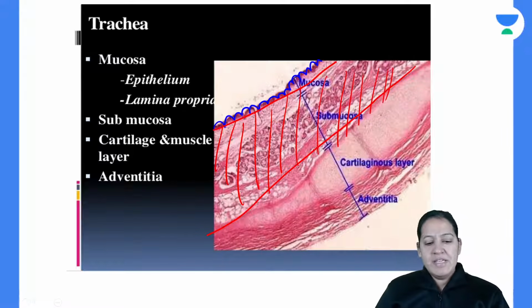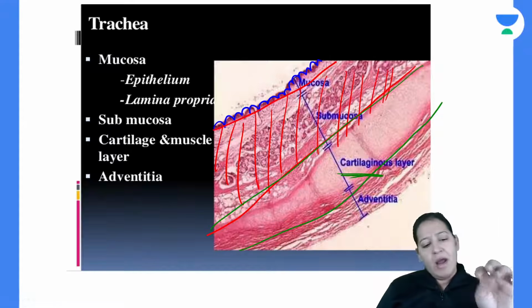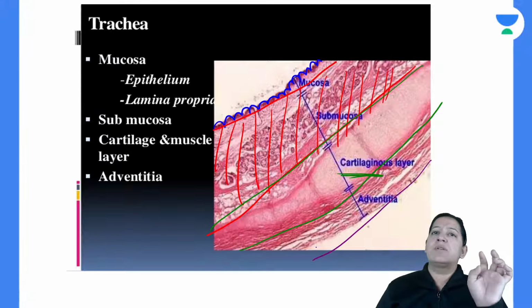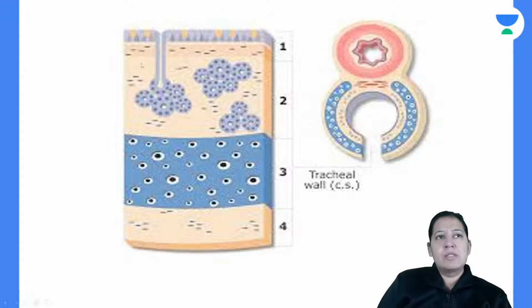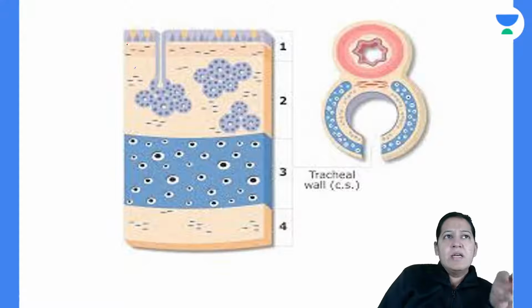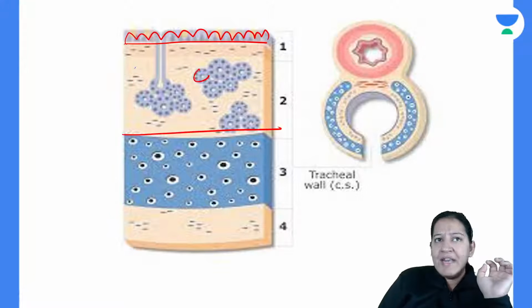The third layer is muscularis propria, which contains cartilage. And the outermost layer is the adventitia or serosa. So there are 4 layers. You can see the best diagram here also. This is mucosa, pseudo-stratified ciliated columnar epithelia. This is submucosa containing glands.